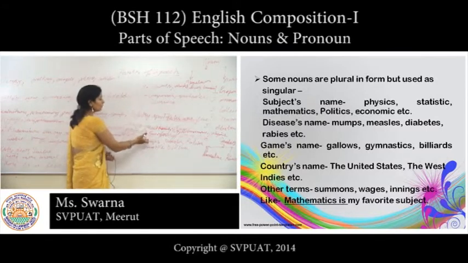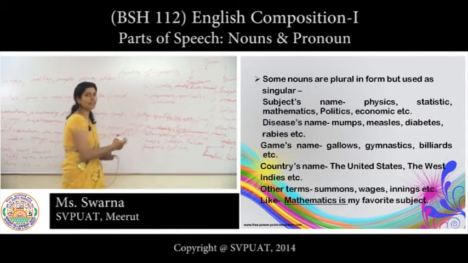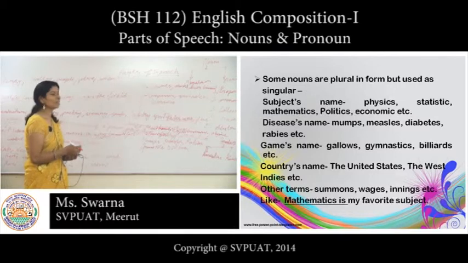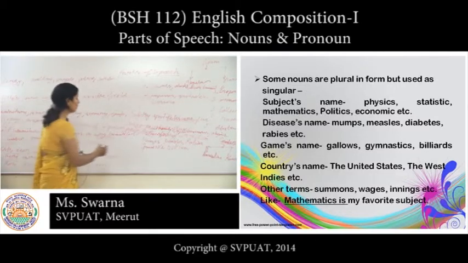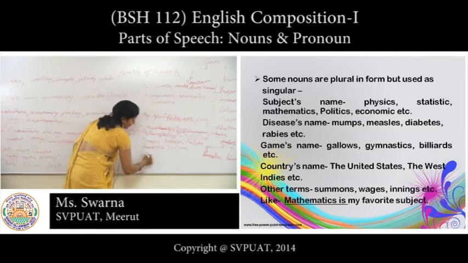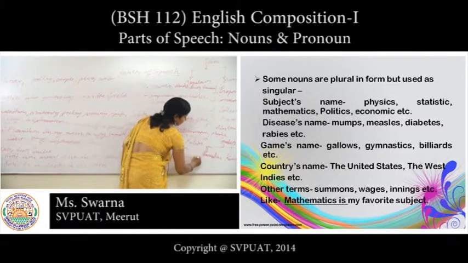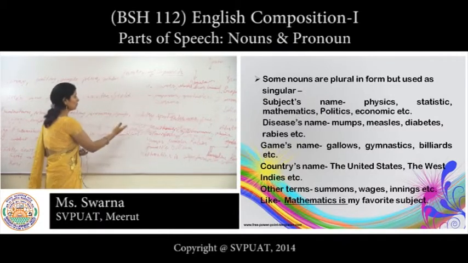These are words which are plural in form but used as singular. It means when we use these words, we will use a singular verb with them, like mathematics is my favorite subject. So these are the nouns which are plural in form but used as singular.